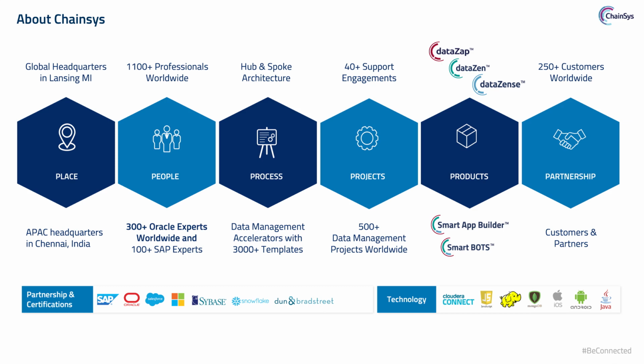Changes follows a hub and spoke architecture and data management accelerators with 3,000 plus templates. There are more than 40 support projects and 500 plus data management projects worldwide. There are 5 products in Changes: Data Zap, Data Zen, Data Zens, Smart App Builder, and Smart Bots. Across the world, there are 250 plus customers.